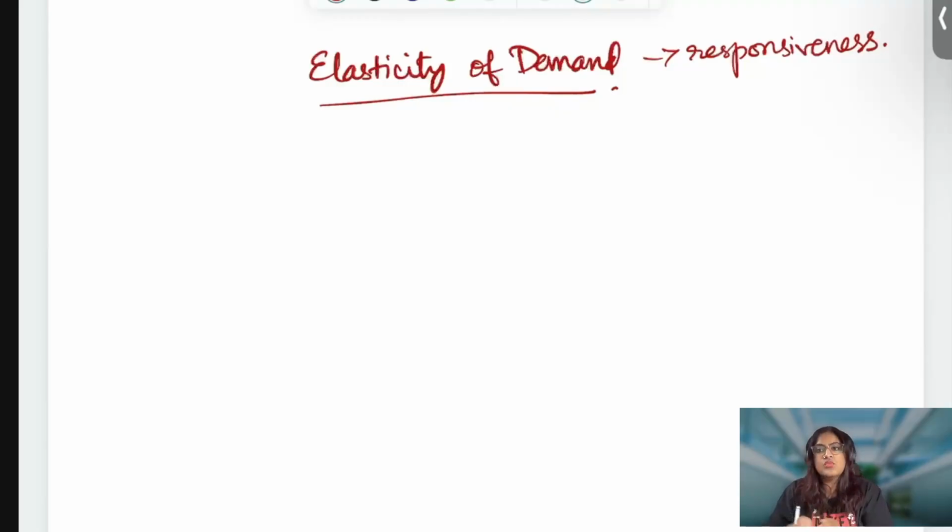Now, what is the meaning of elasticity of demand? It measures the responsiveness or sensitivity of the quantity demanded to a change in one of its determinants. In simple terms, it tells us how strongly consumers react to changes.